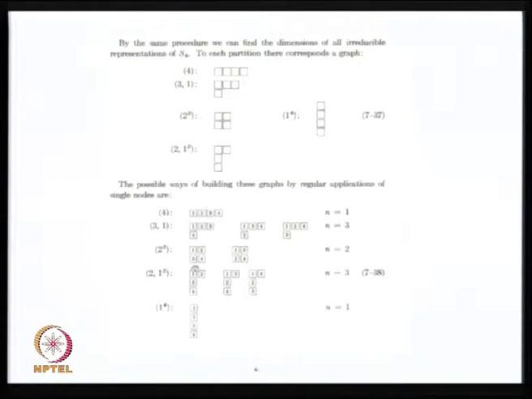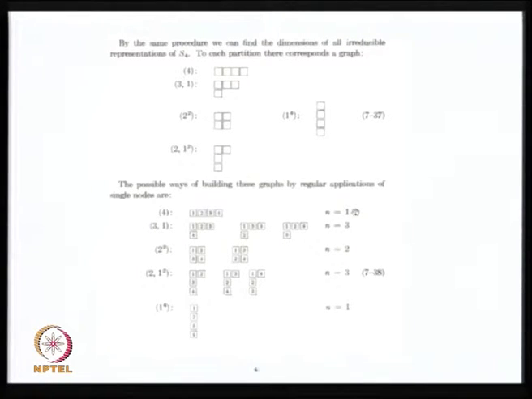There are 5 irreducible representations. Remember that partitions of 4 are 5, so there are that many conjugacy classes, and therefore that many irreps. And now this list is giving the sizes of the irreps.